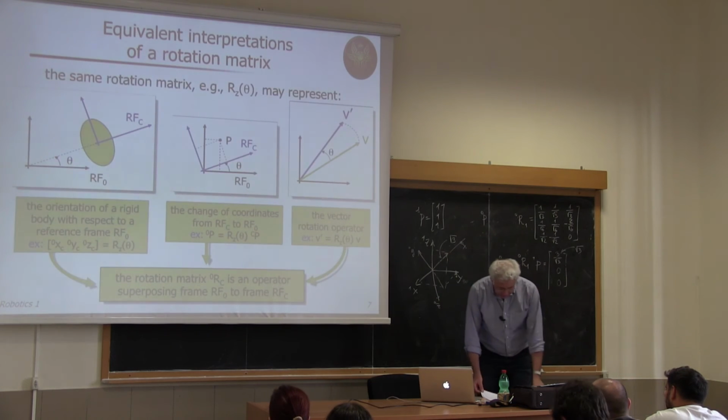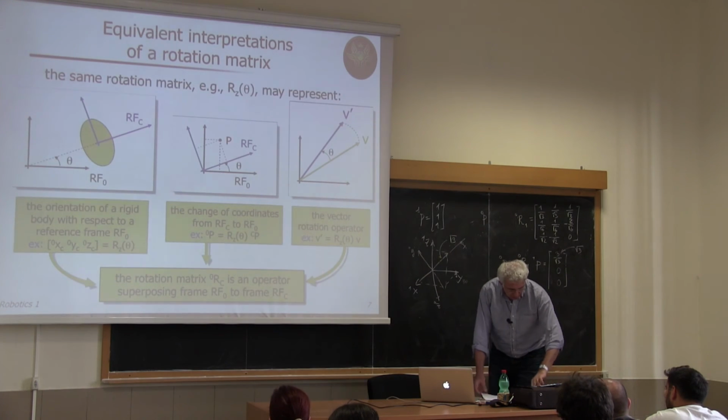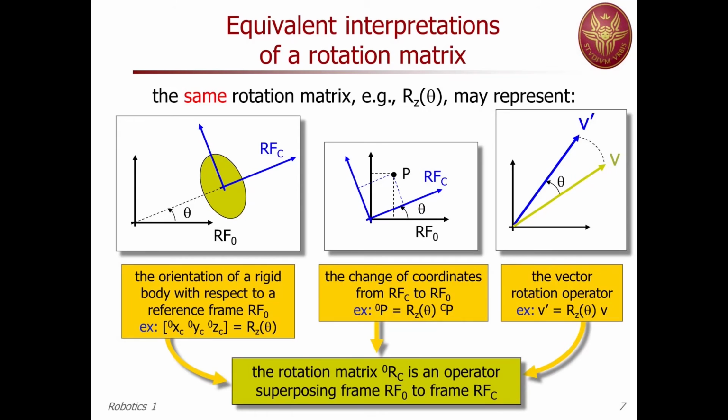So if we summarize these things, we have three equivalent interpretations of the same mathematical object. This orthonormal matrix with determinant plus 1, which is a rotation matrix, can be used as such for doing three things. First, representing the orientation of a body or of a frame with respect to another frame, the first thing that we have introduced.